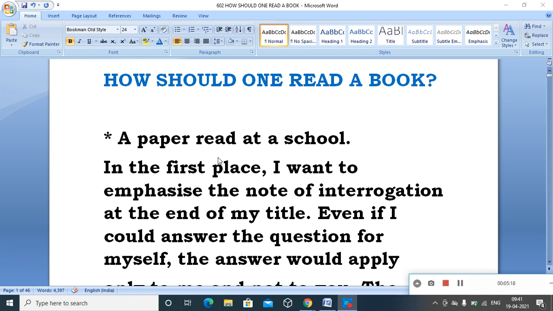Then she talks about the relevance of classifying books like poetry and fiction. We know even in libraries we have such a practice of classifying books.